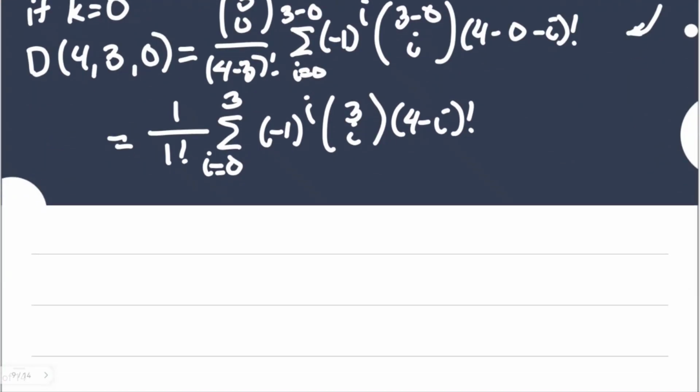Okay, so let's have it like this. Hopefully you can follow. This is actually just equal to 1, so that's okay. So we'll have 1 times the summation.